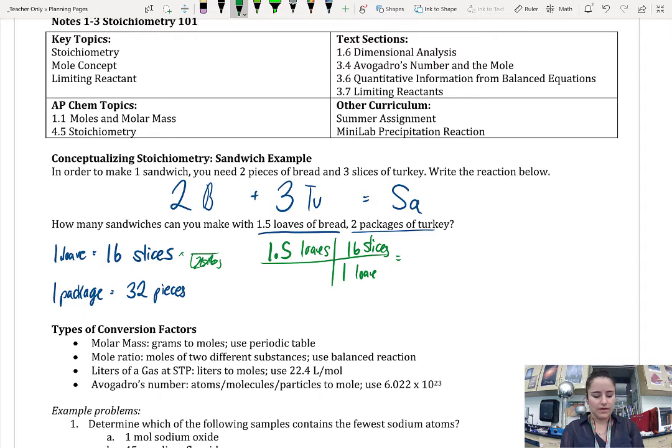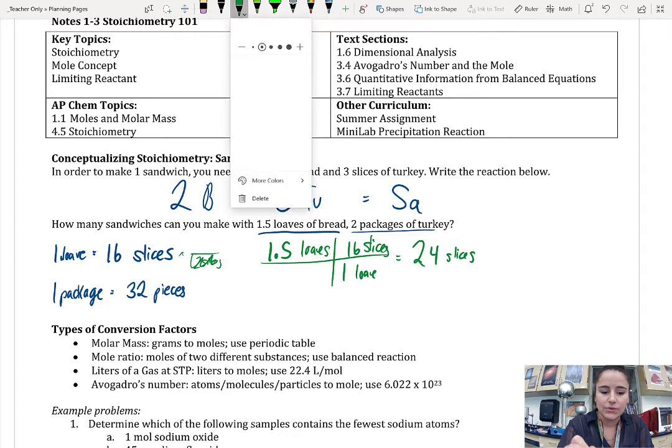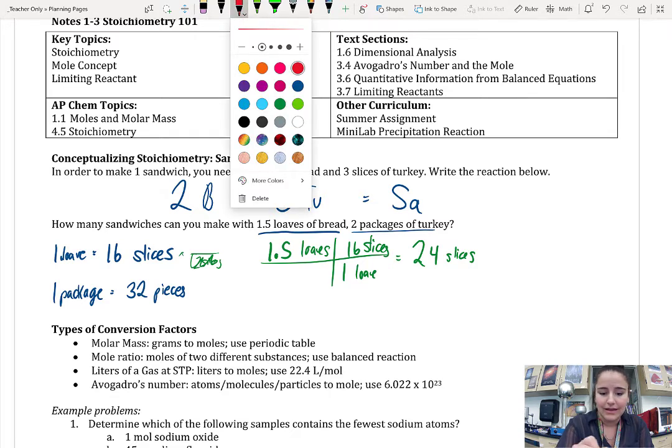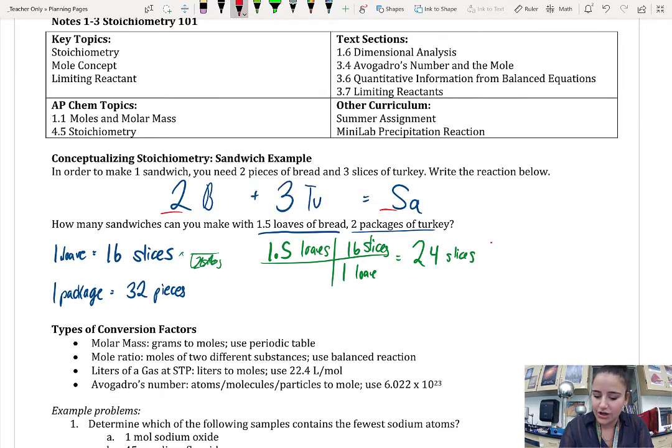Okay, so that gives me, yes, I'm plugging that into my calculator, don't make fun of me, 24 slices, which I can do some simple math, because it's that 2-to-1 ratio, and I know that 1.5 loaves of bread can make 12 sandwiches. I'm basically saying, hey, I need 2 slices per each 1 sandwich.